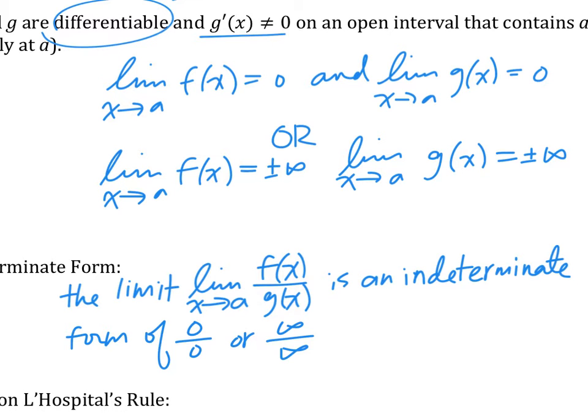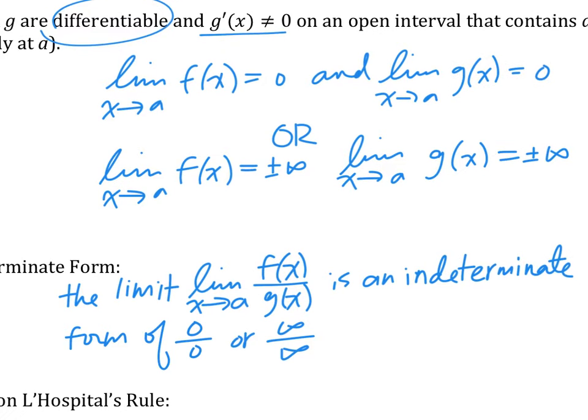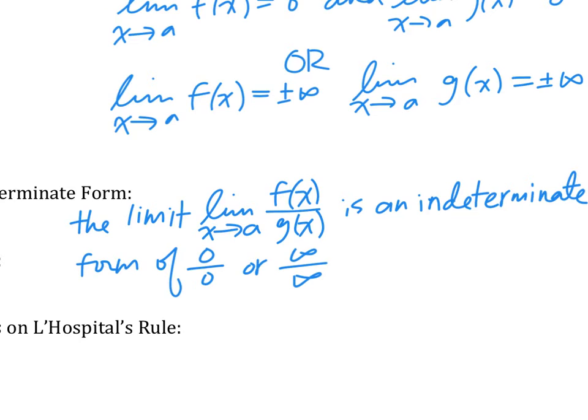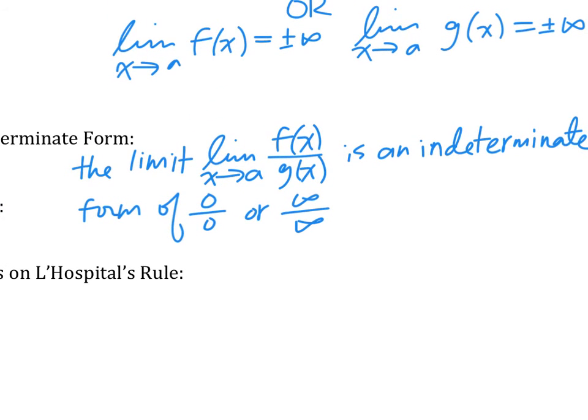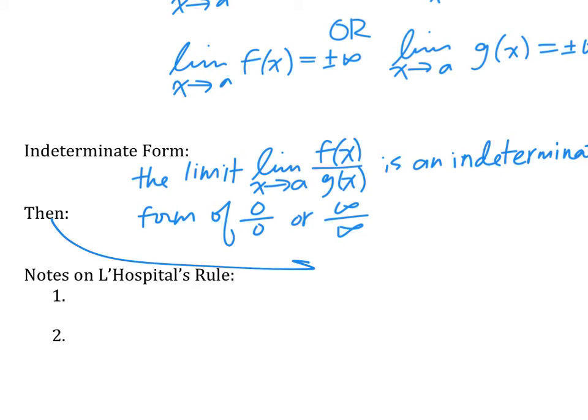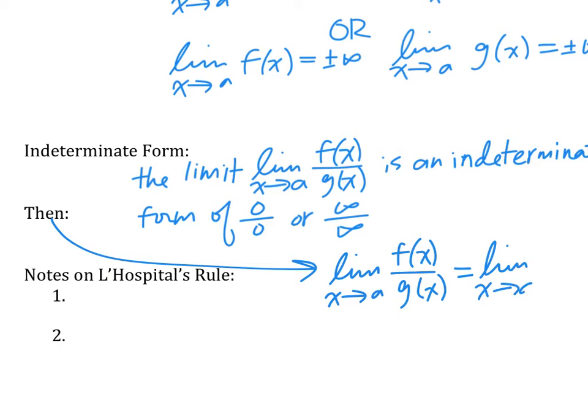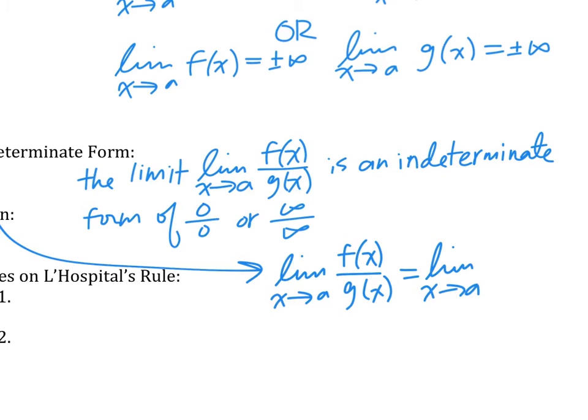If that happens, then L'Hopital's rule says, so you're going to use L'Hopital's rule, then the limit as x goes to a of f of x over g of x is equal to the limit as x goes to a of f prime of x over g prime of x.